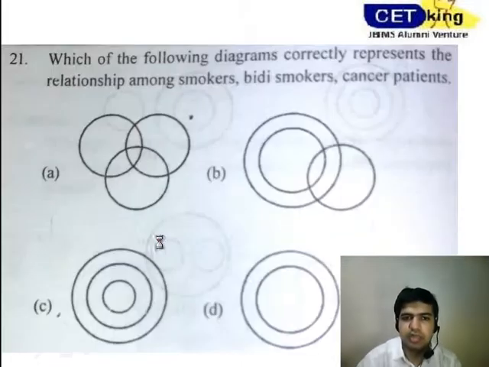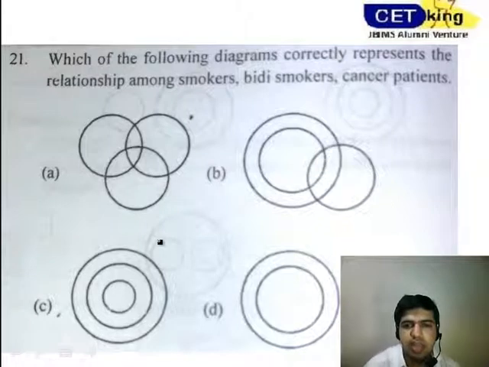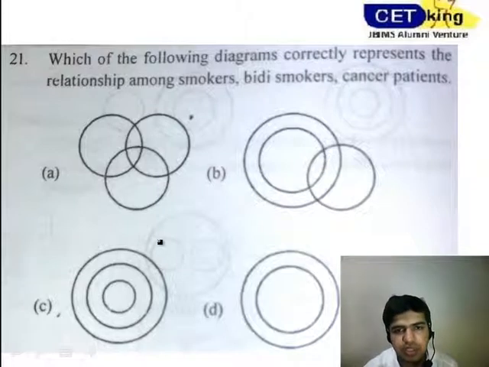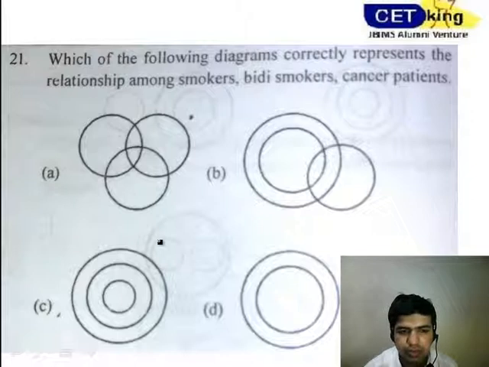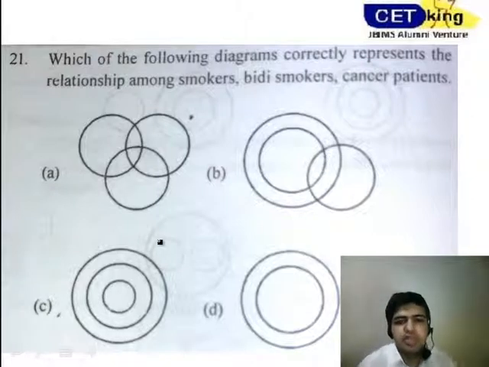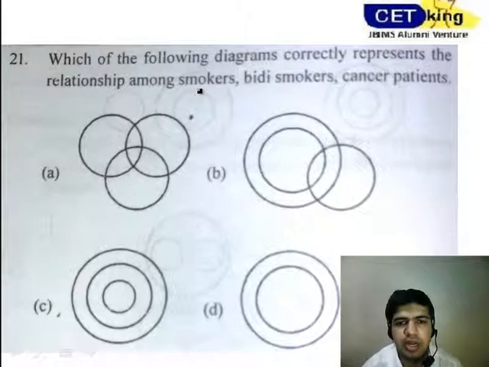Now the next example is a typical one of how you will be given in the exam: smokers, BD smokers, and cancer patients. Pause the video and try to fit which of these categories it will fall into. According to the thumb rule, you must have tried to relate smokers and BD smokers. Yes, all BD smokers are smokers. So it will be something like this.